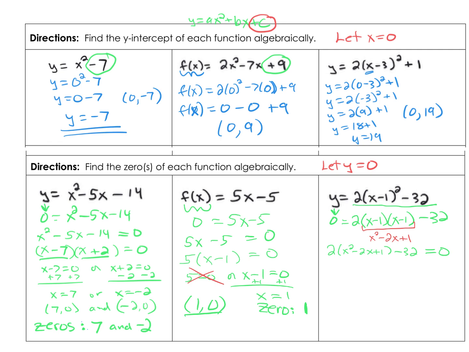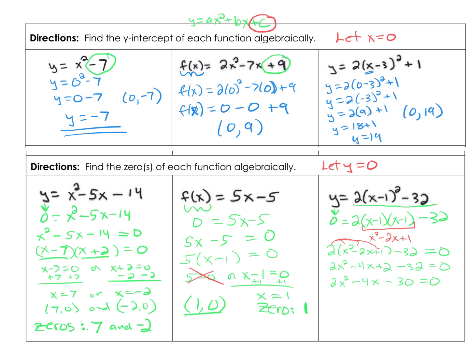Okay, next I have to do distributive. And so that's going to give me 2x squared minus 4x plus 2, and then minus 32 equals 0. Oh boy. All right, so I get 2x squared minus 4x minus 30 equals 0.